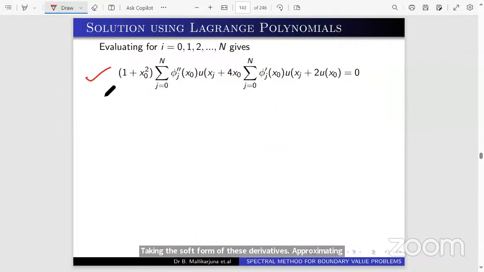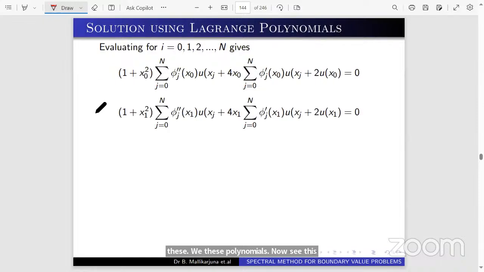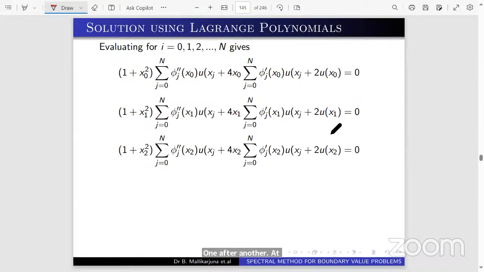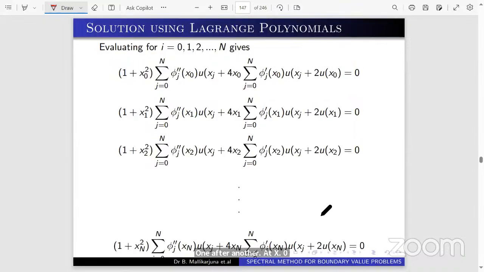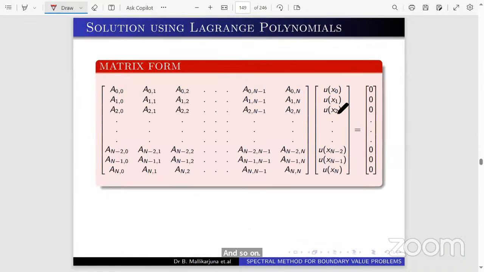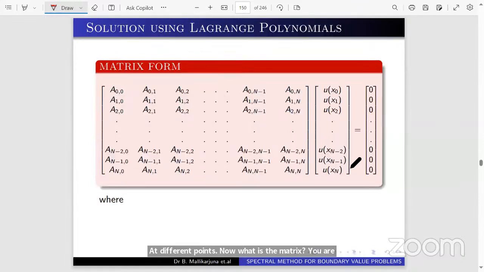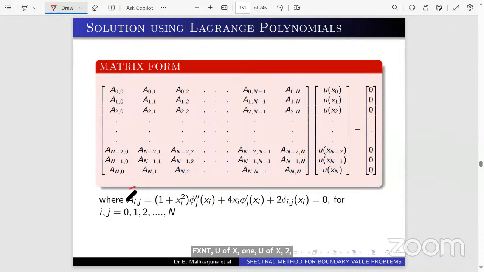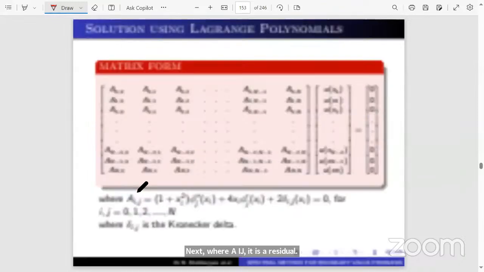Now see, this is one after another: at x0 point, at x1, at x2, and so on at xn, at different points. Now, what is the matrix? U of x0, U of x1, U of x2, and so on, U of x. Next, where aij is a residual function. Now, this first row and last row can be replaced with conditions.